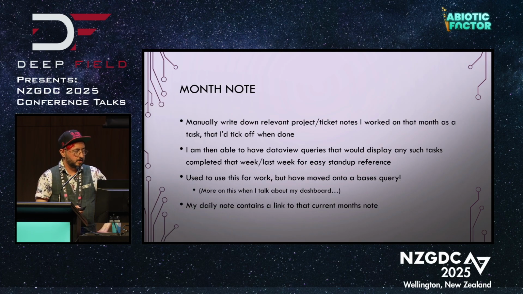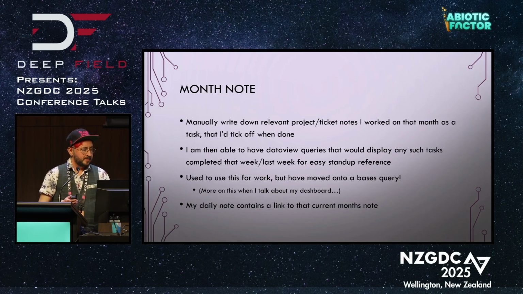And monthly notes. This is an outdated part of my process at work. I used to write down relevant tickets that I was working on in tasks in a month note manually, which was terrible and awful. But this allowed me to tick them off and have something that displayed later all the tickets that I'd done that week for stand-up.